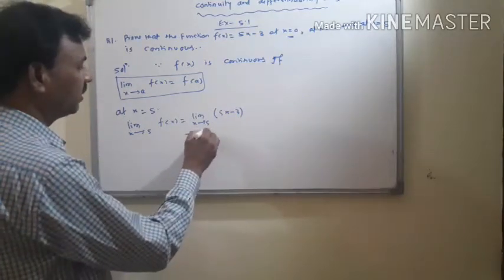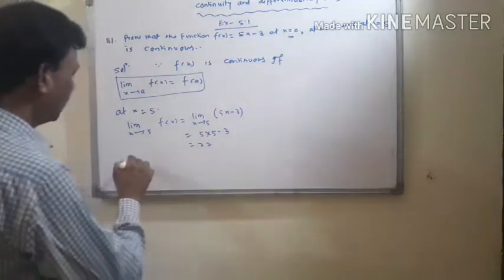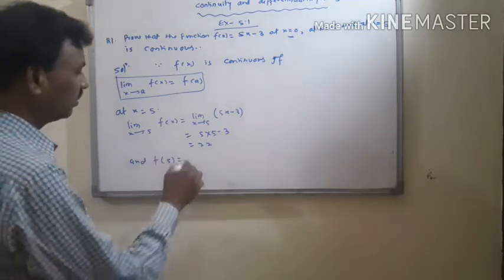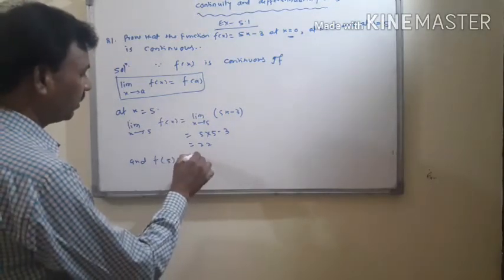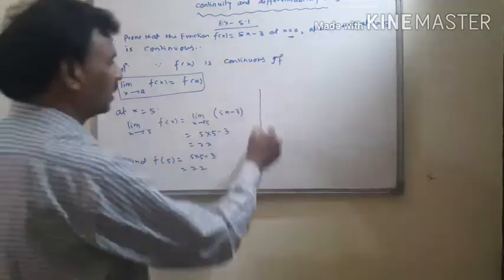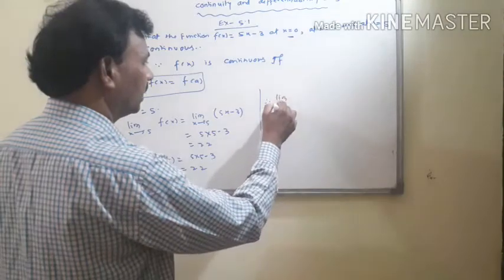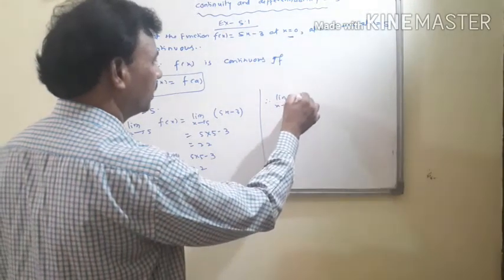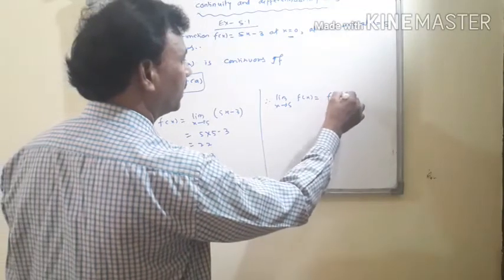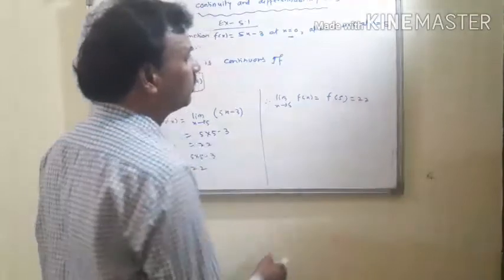This will be 5 into 5 minus 3 equal to 22, and f of 5 equal to 5 into 5 minus 3, this will also be 22. Therefore, limit x tends to 5 f of x equal to f of 5, and this is equal to 22.